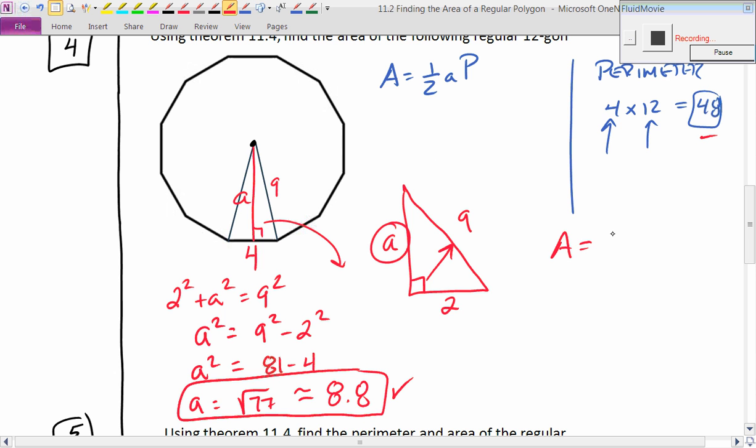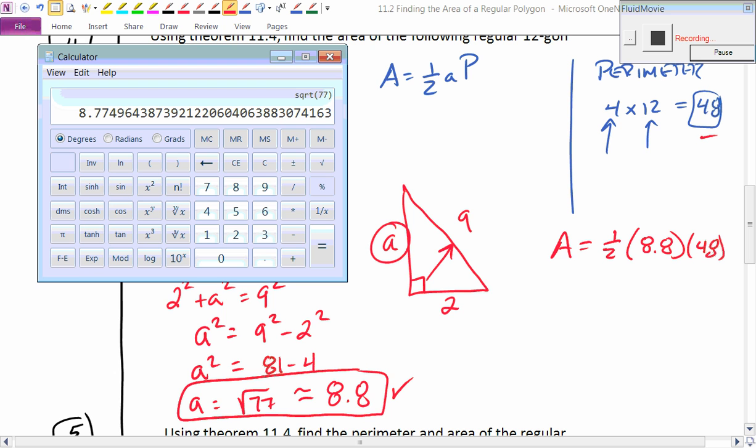So the area has to be 1/2 the apothem, which is 8.8, times the perimeter, which is 48. You don't have to do that by hand. You can plug that straight into your calculator, okay? So I'm going to take 1/2, which is 0.5, multiply it by 8.8, and then multiply it by 48, and what did you guys come up with? 10.6.